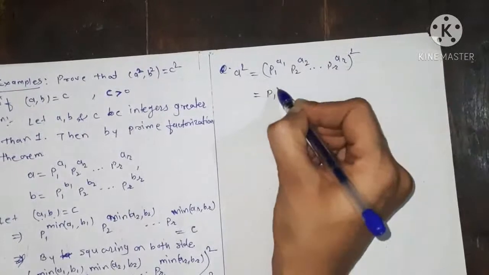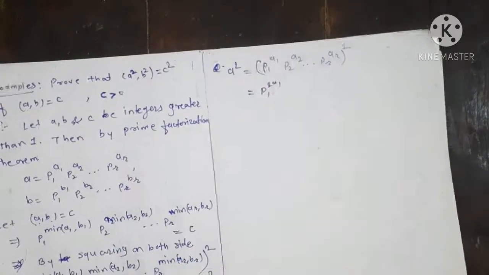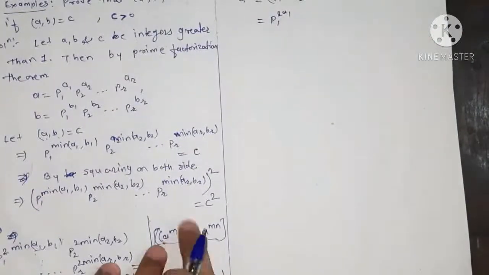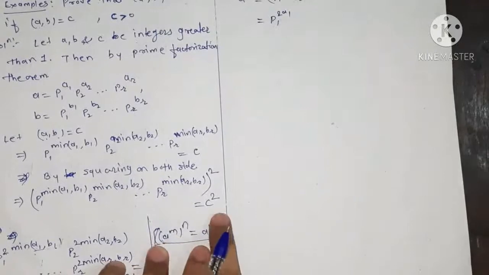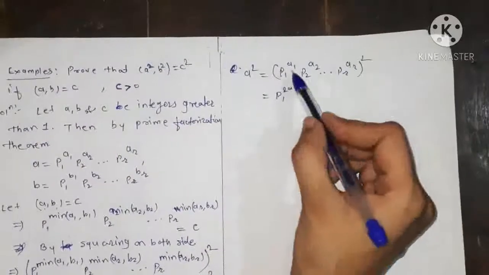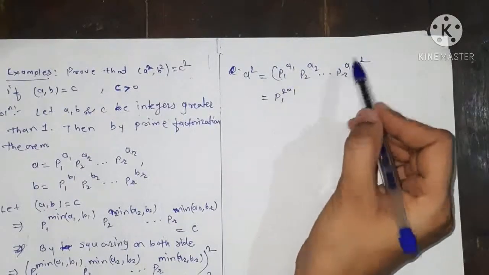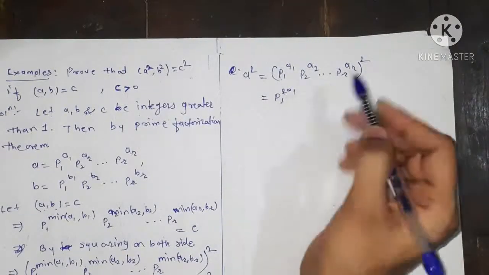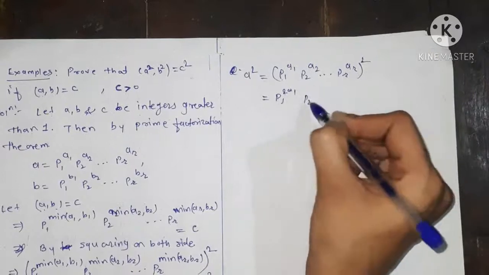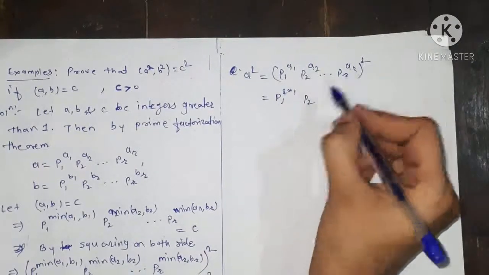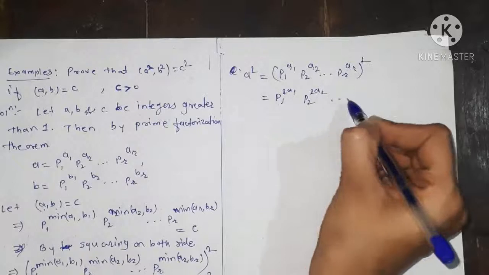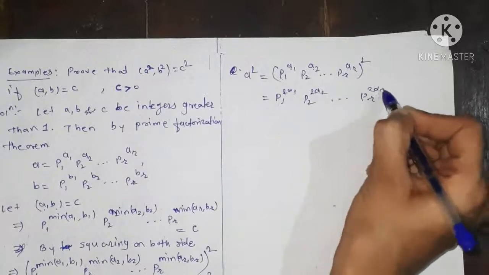Okay, so this is equal to p1 to the power twice a1, because using the property that a to the power m to the power n is a to the power mn. So we use that property of indices: p1 to the power a1 and its square is p1 to the power twice a1, p2 to the power a2 and its square is twice a2, and so on, pr to the power twice ar.